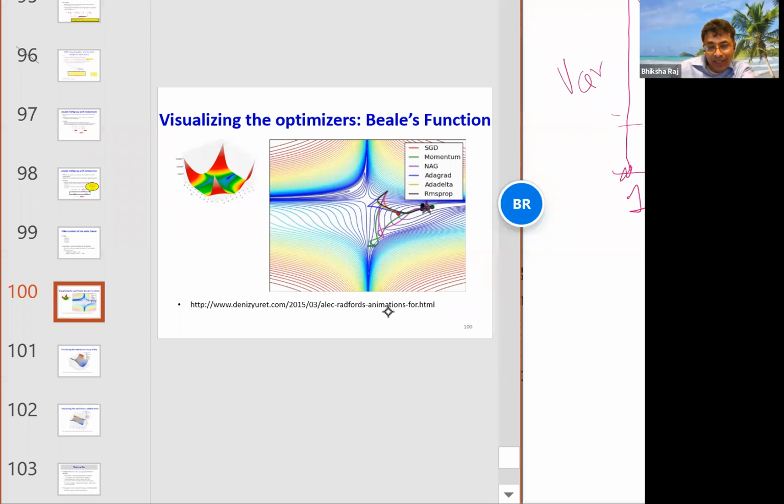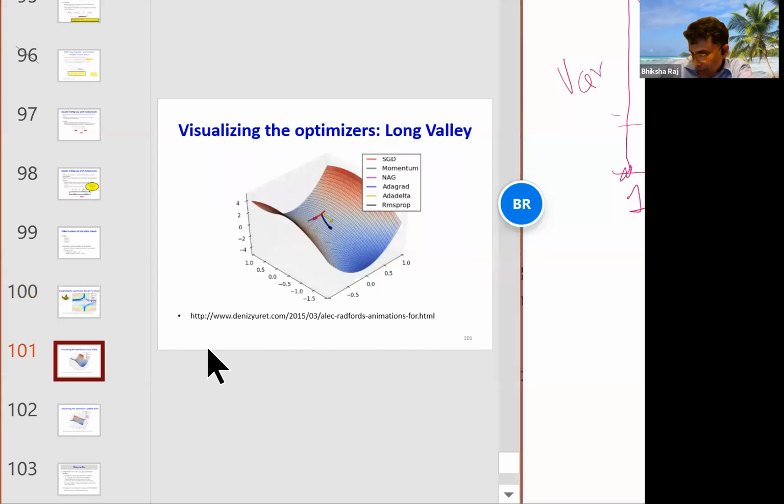Here's the interesting thing: techniques that normalize using the RMS value, like AdaGrad, AdaDelta, and RMSProp, get to the optimum somewhat consistently, but momentum and Nesterov, which tend to wander off, often get to the solution faster than Adam and AdaGrad. Here's another example, the long valley.